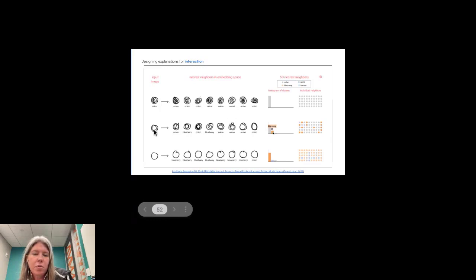But if you start to erase that circly bit in the middle, you can see that it starts to misclassify things or show you neighbors that have a classification of blueberry. And then towards the bottom, just a single circle is getting classified more as a blueberry. It clues you in that if you can play with the input in these meaningful ways, you can see, okay, the model is picking up on this swirly bit in the middle.